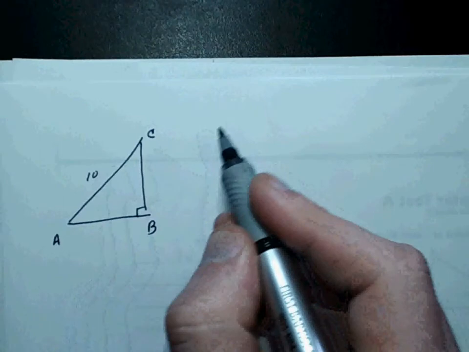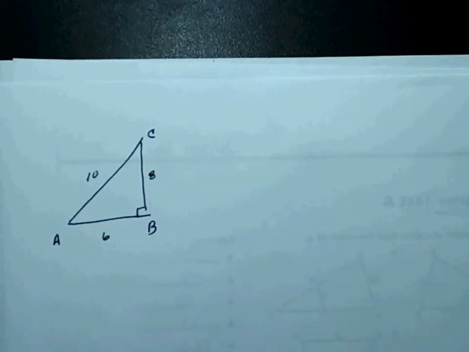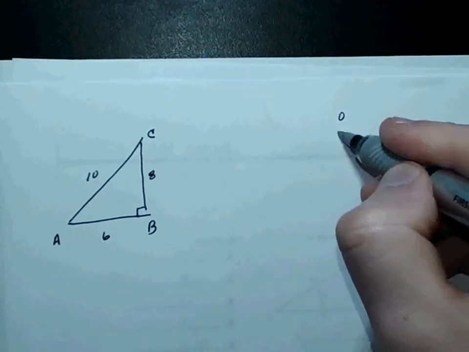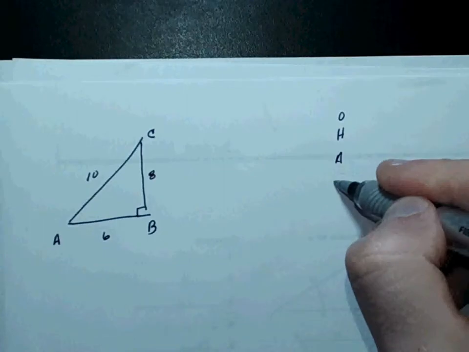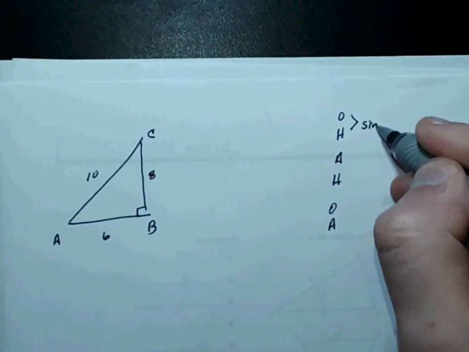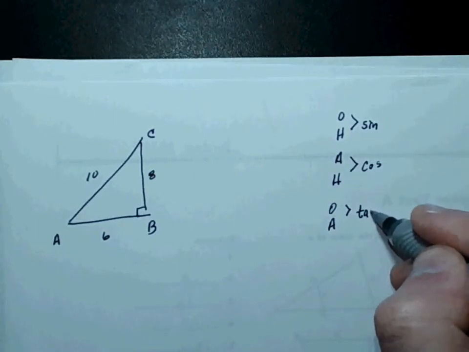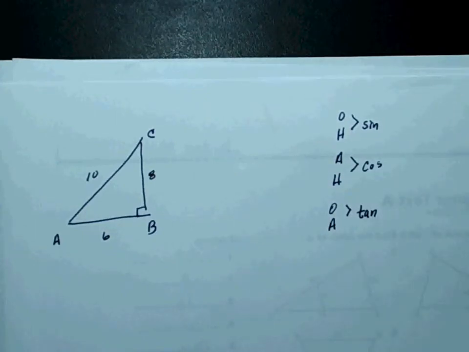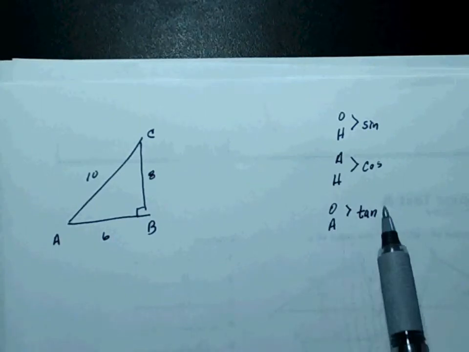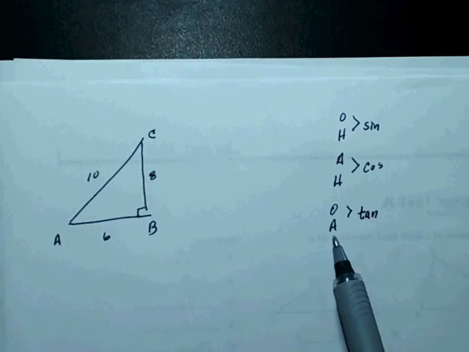So that's 10, that's 8, and that's 6. Right. Let's draw our Oscar had a heap of apples. Sine, cosine, tangent. Alright? So, tangent is opposite over adjacent.